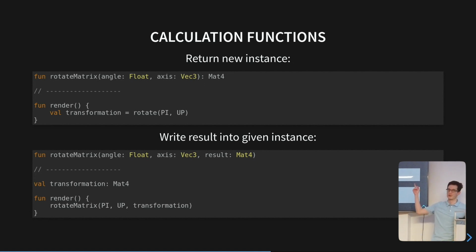Either return a new instance of the object containing the result, or take in the result object as a parameter and write the result into that. And this first one, I think, is much more readable, and this latter one is harder to read, harder to write, harder to maintain.